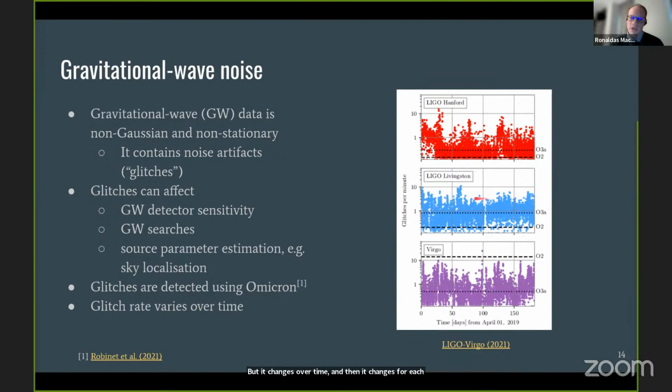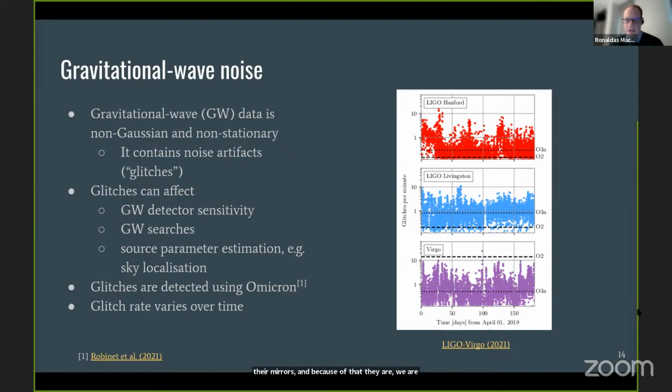So for LIGO detectors, you can see that the glitch rate actually increased quite substantially, by factors of 3 to 5 from second observing run to third observing run. But for Virgo, we can see that it actually decreased quite significantly. This is because the Virgo detector made some important improvements in how they are hanging their mirrors, and because of that, they were able to reduce the glitch rate quite significantly.